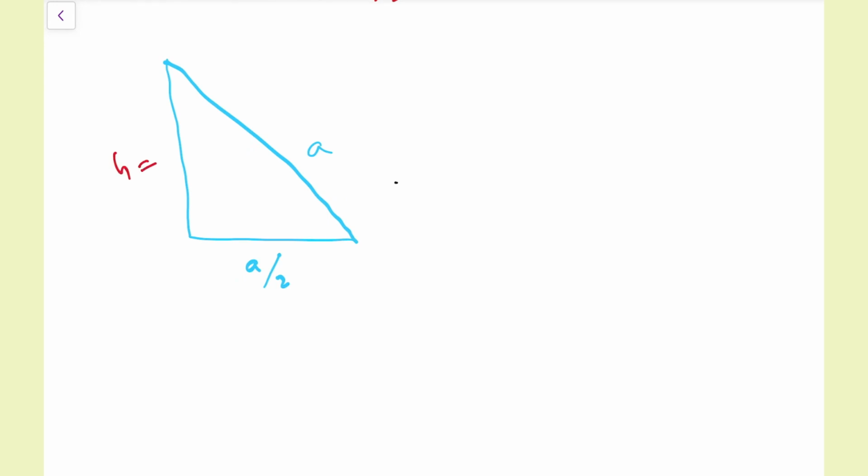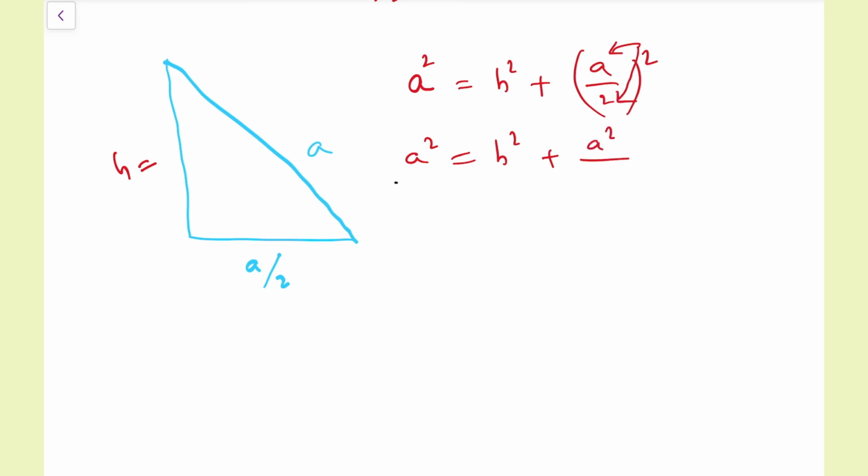So height I don't know. Hypotenuse square equals height square plus base square. A square as it is equals height square plus a square by 2 square, which is a square by 4. We want height, right? So take a square by 4 to the left side.